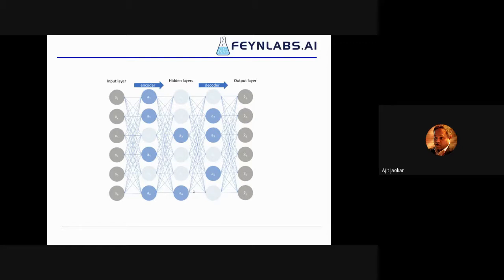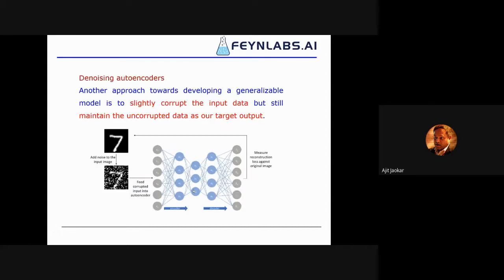You want to introduce a bottleneck for a neural network, and that's what you try to do. One of the areas of autoencoders which is used quite a bit is called the denoising autoencoder. If you successfully reduce the reconstruction error, you effectively reduce the noise as well.